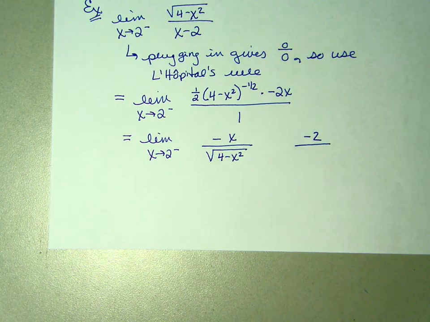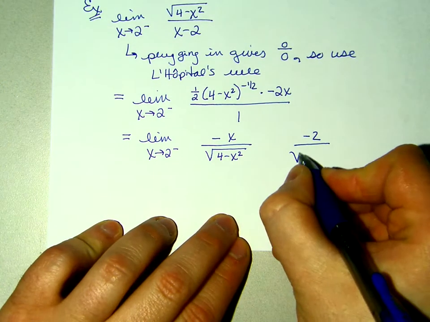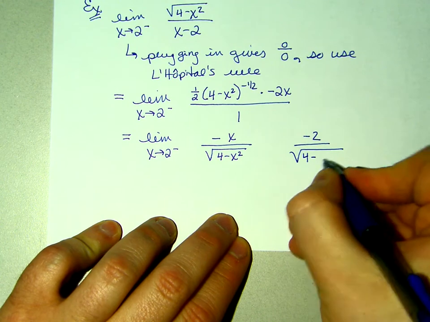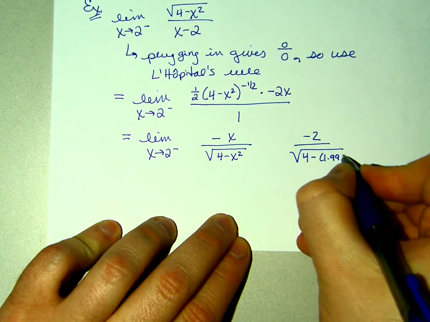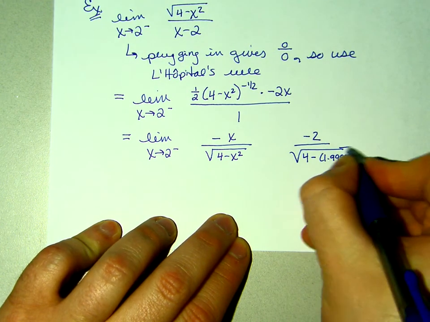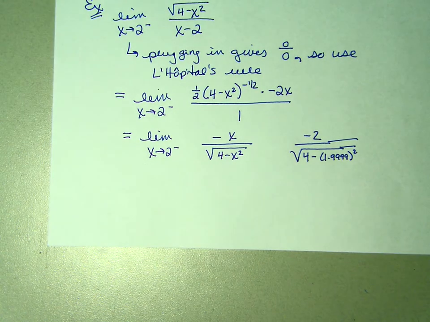How do we deal with these? This goes way back to September. Since they gave us limit as x approaches 2 from the left, we just do like 1.99. Yeah, so let's do that. Let's do 4 minus 1.9999 squared. Underneath the square root, you're going to get a very small number, right? Small positive or negative? Positive.